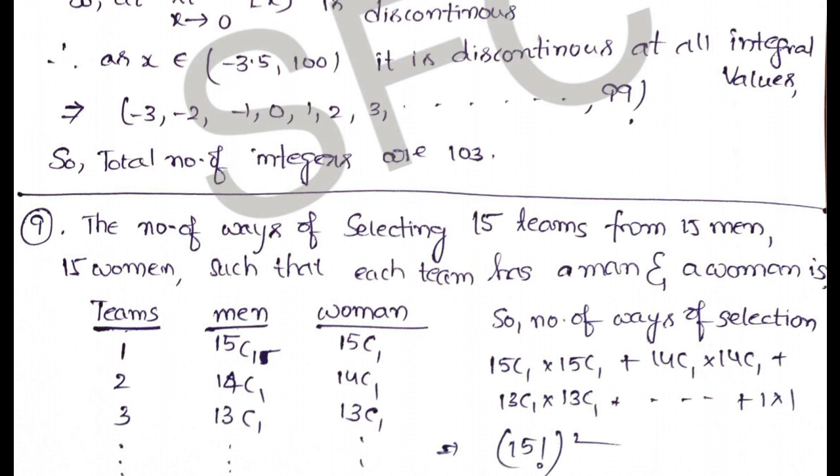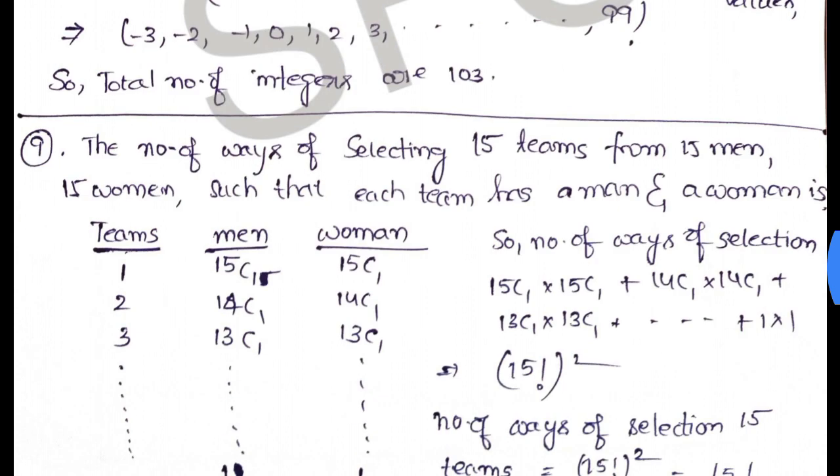9th question. The number of ways of selecting 15 teams from 15 men and 15 women such that each team has a man and a woman. Now, while answering this question, we should remember that each team should have at least a man and a woman. While considering the first team, we have 15 men and 15 women, that means 30 members.